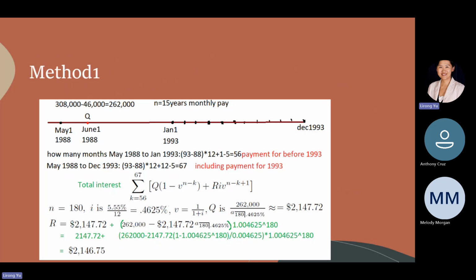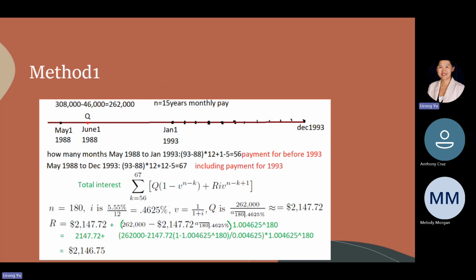V is common. And then we're making monthly payments. So the nominal interest rate has to be divided by 12 to get the monthly interest rate. We have our number. And so all the numbers involved in the calculation of the total interest have to be calculated first to finish this. Any question?